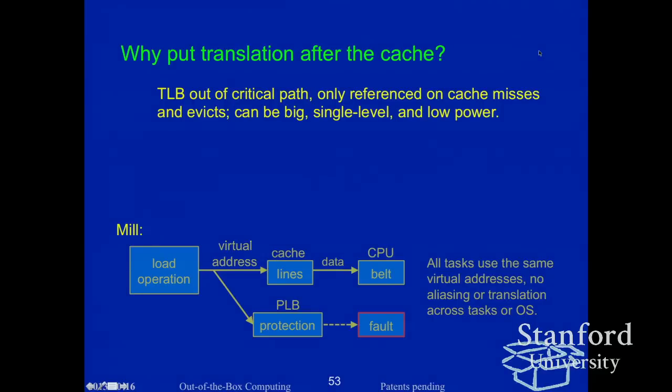Consequently, it can be big, it can be low power, and if we're going to the TLB, it means we missed in cache, and what's going to happen next is a 300 cycle DRAM wait. So consequently, if we take a cycle or two extra to be economical in our TLB, well, 300 versus 302 cycles, nobody cares.